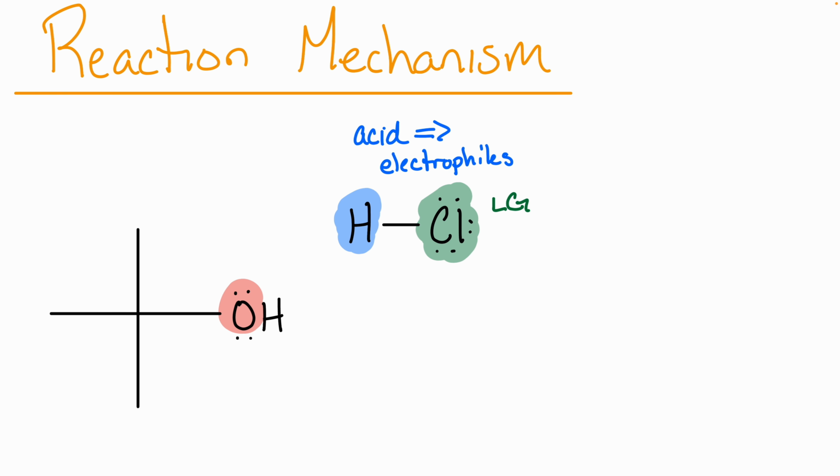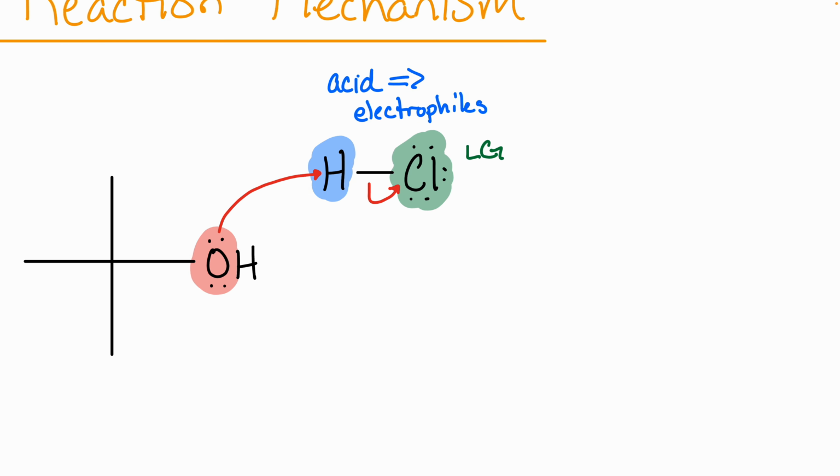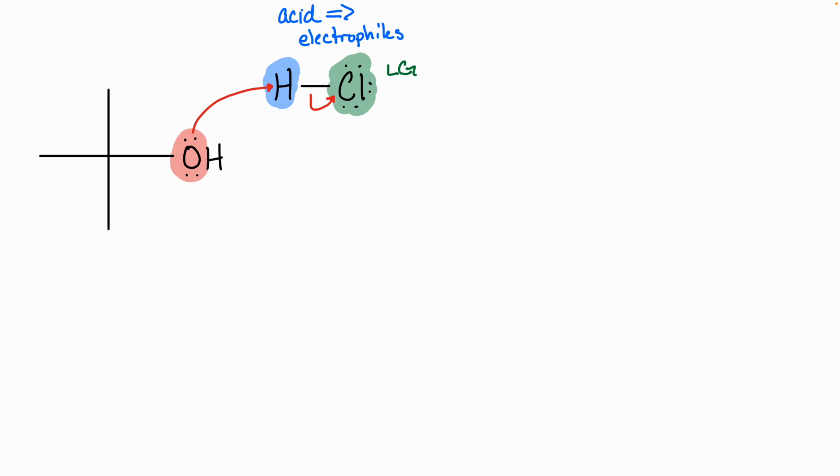Oxygen. And why? What's the giveaway of the oxygen? Those lone pairs, right? Nucleophiles have these lone pairs because they're going to donate those electrons to our electrophile. They're going to attack, kicking off that leaving group.